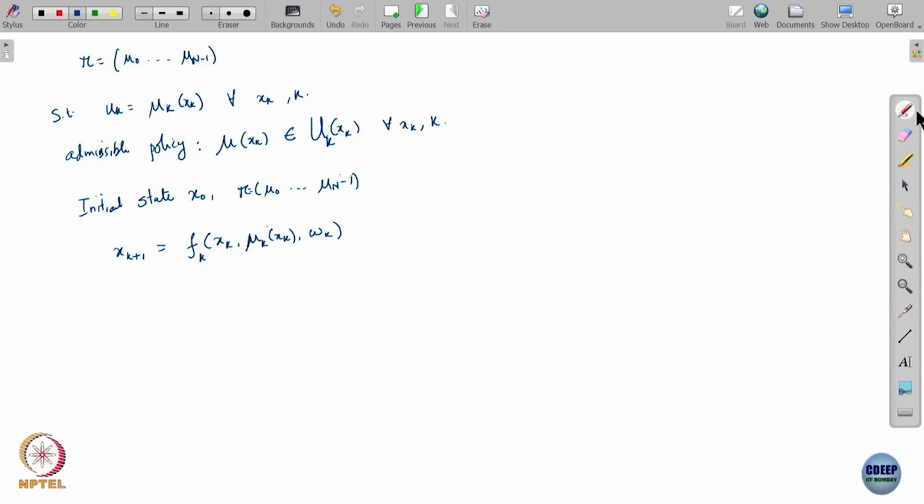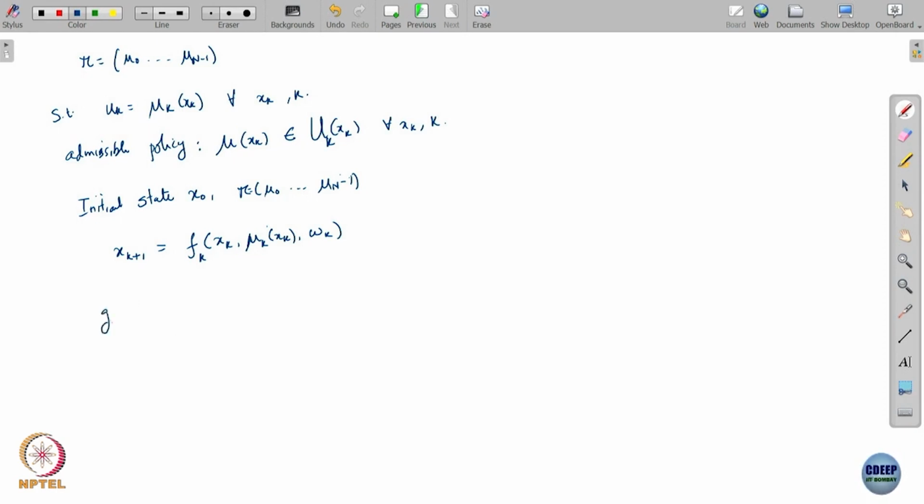After this substitution, you can do this substitution not just here, but everywhere. In fact, you can do this substitution even in the cost function.